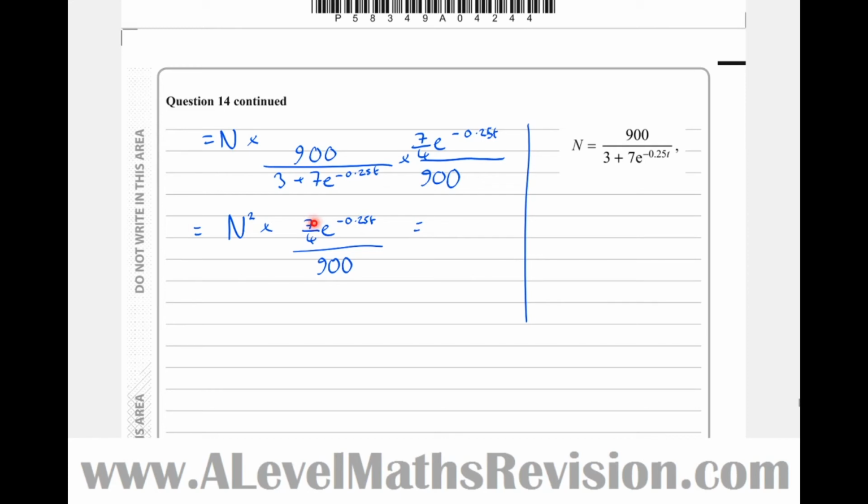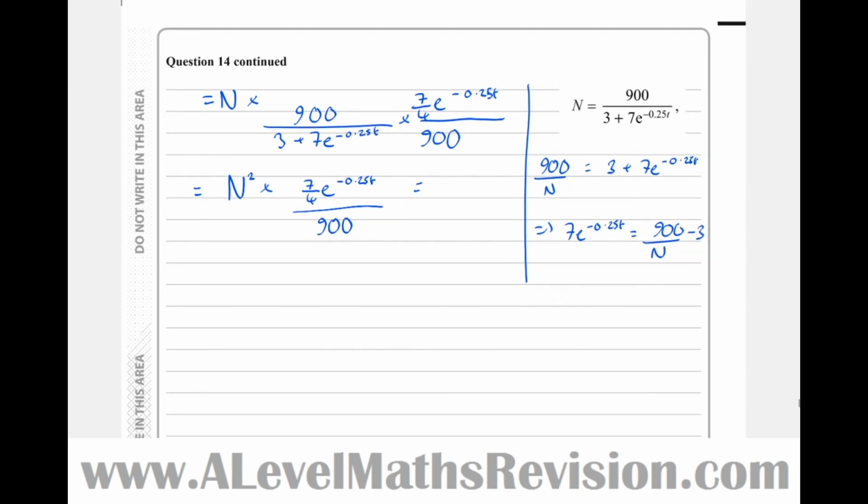In fact, we can see we've got a 7e to the minus 0.25t there. So if we rearrange this to say 7e to the minus 0.25t equals, we're onto something. So we multiply by the denominator and divide by n. We get 900 over n equals 3 plus 7e to the minus 0.25t, which means that 7e to the minus 0.25t equals 900 over n minus 3.